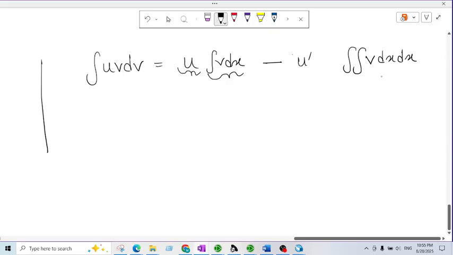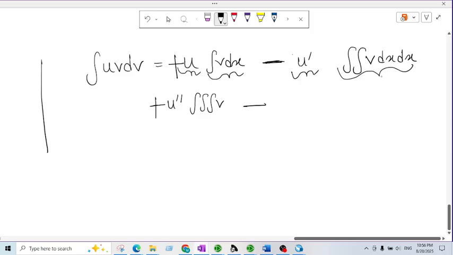Now you have a plus here, then minus here. So plus, minus, plus is the sign sequence. Again differentiate u to get u double prime, and again integrate v, so you get three integral signs here, plus minus plus.